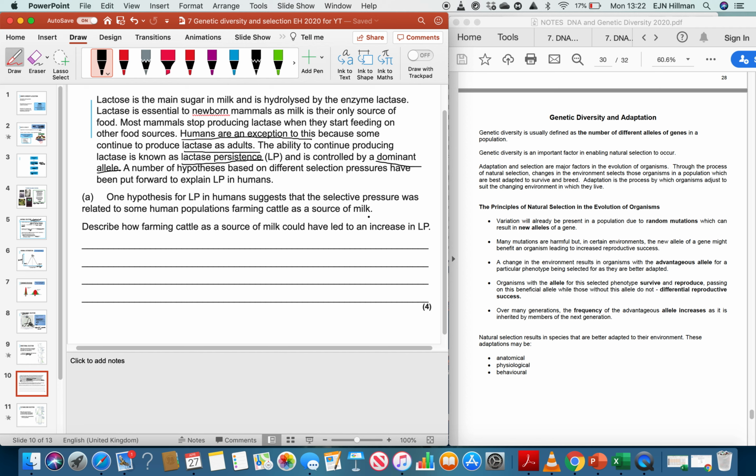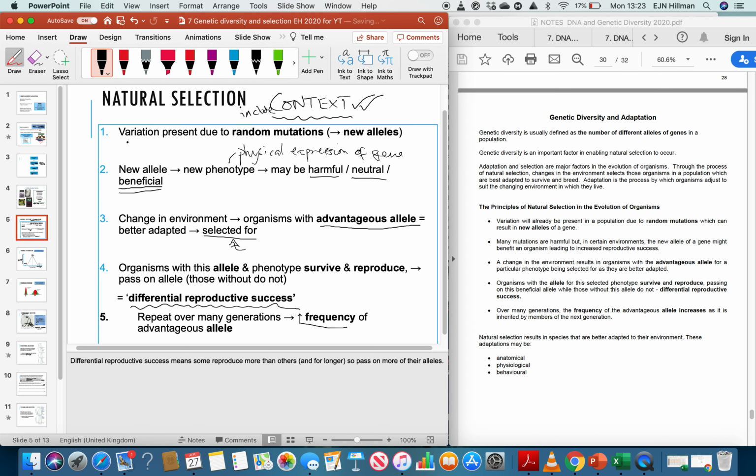Okay, so we use the same framework again. Describe how farming cattle as a source of milk could have led to an increase in the lactase persistence. So back to that framework, well, we know there's variation of alleles due to random mutations in the original population. Now, some of those alleles, there will be an allele for lactase persistence.